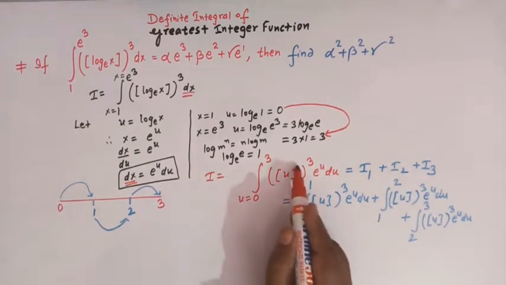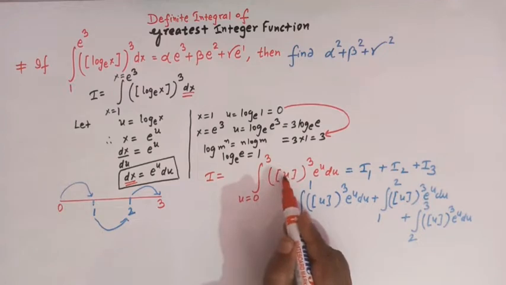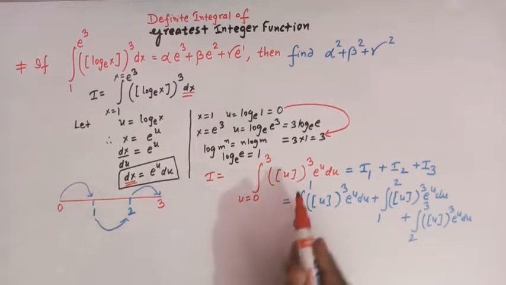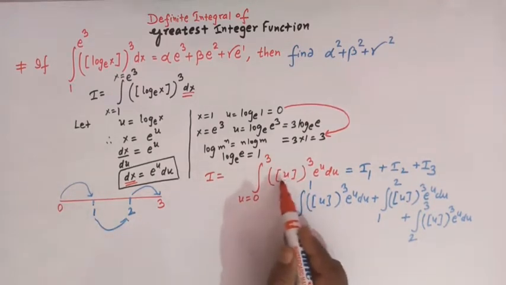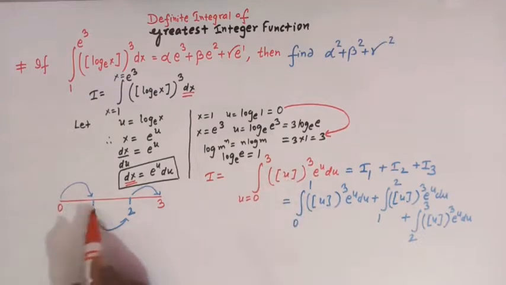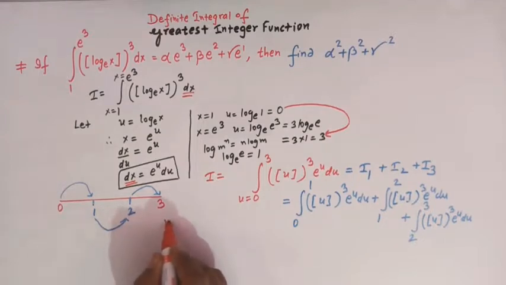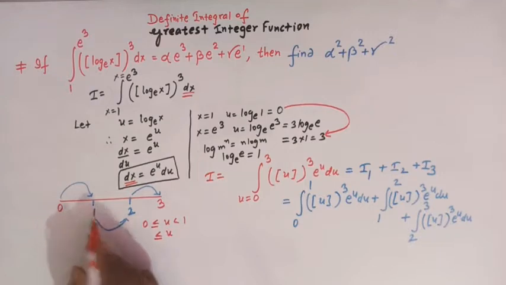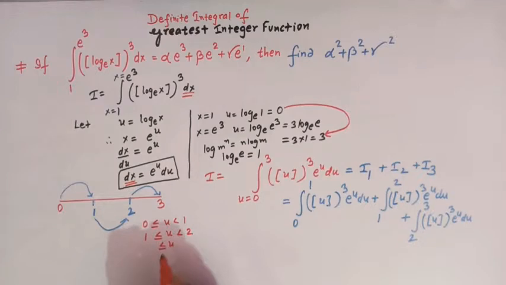Here we have the greatest integer function u, and we can write the value of greatest integer u in these three intervals. The first one is when u lies between 0 and 1, the second one is when u lies between 1 and 2, and the third one is when u lies between 2 and 3.